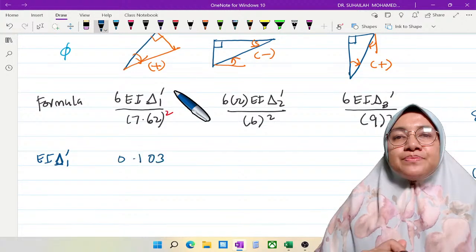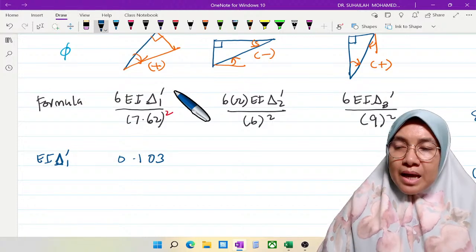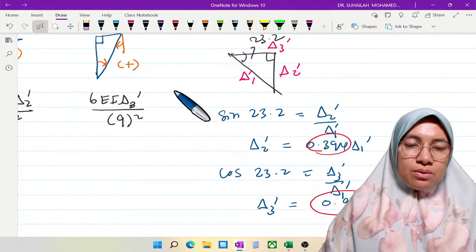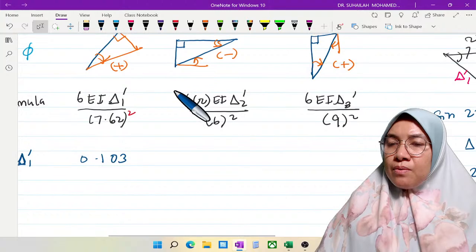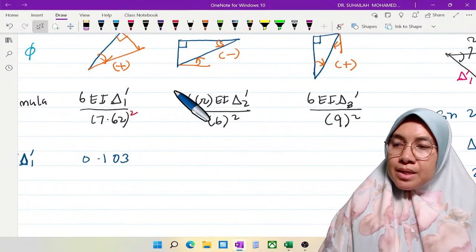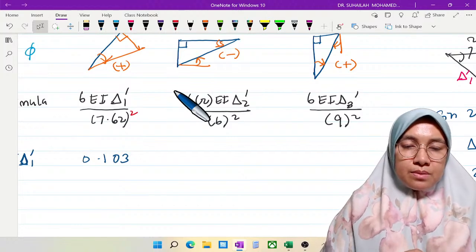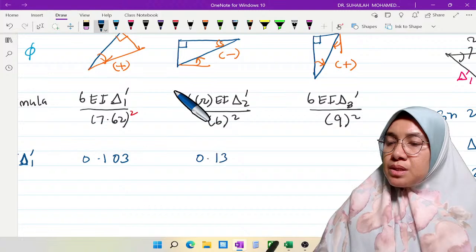Okay, and then we calculate 6 times 2, 12. Okay, times the 0.394, divided by 6 times 6, 36. This is 0.131.